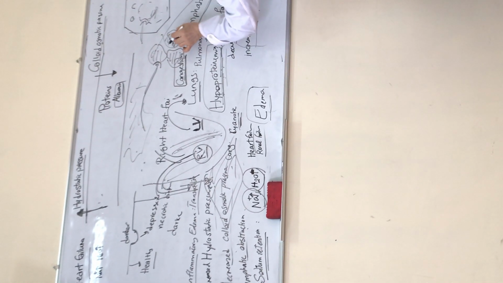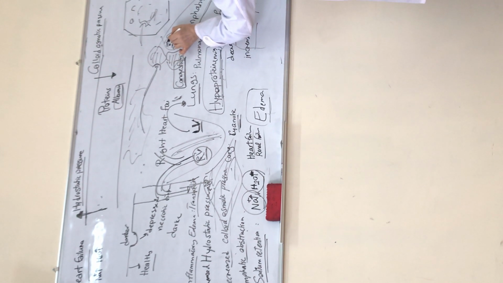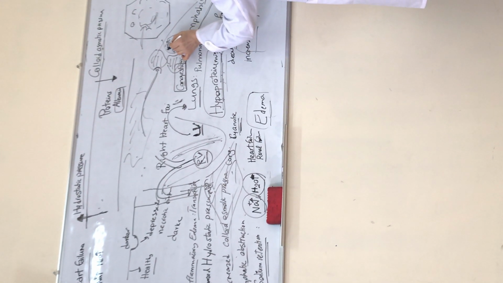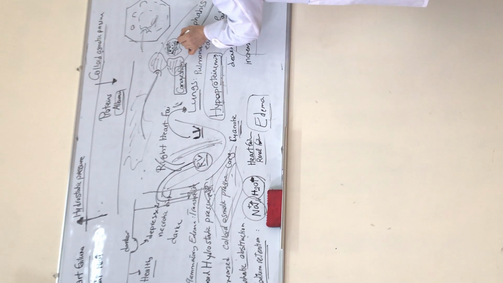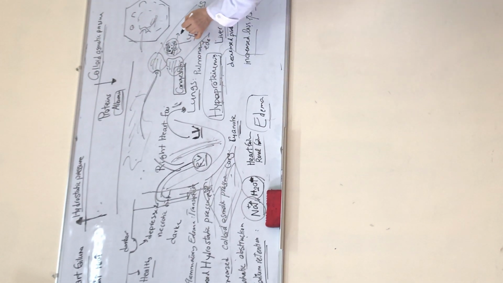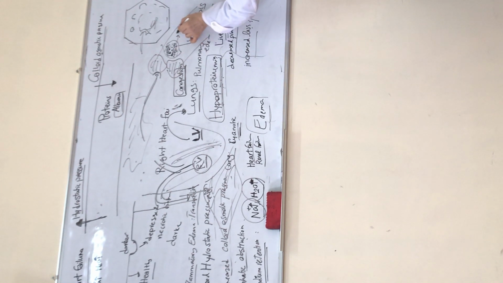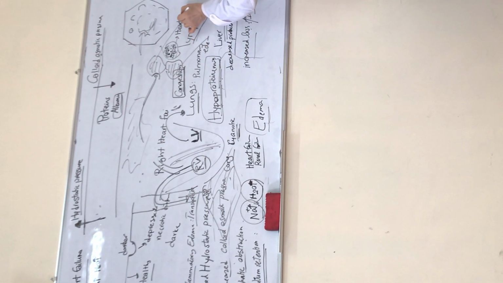These red blood cells, the heme, which contains iron, are phagocytosed by macrophages, and that's why we call these macrophages heart failure cells.